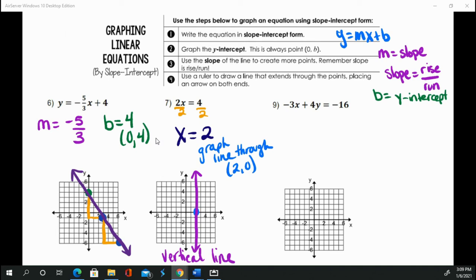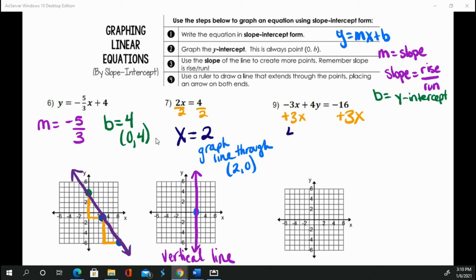For number 9, we need to first write the equation in slope-intercept form. So we need to solve the equation for y. So we're always going to either add or subtract the x term first. It's negative 3x, so I'm going to add 3x to both sides. This should bring back some memories of what we did in Unit 1 when we solved for a specific variable.